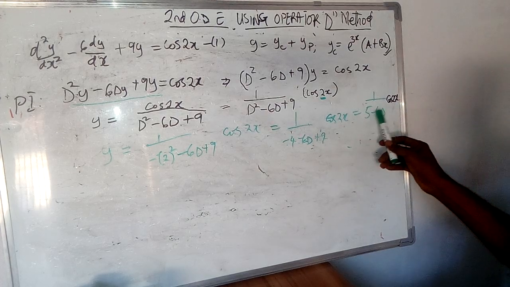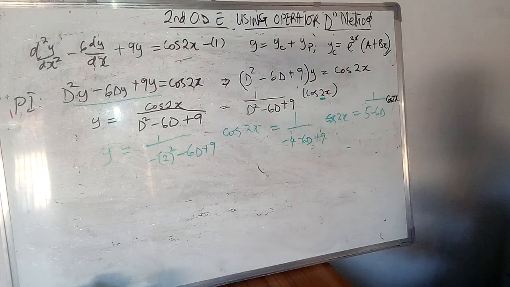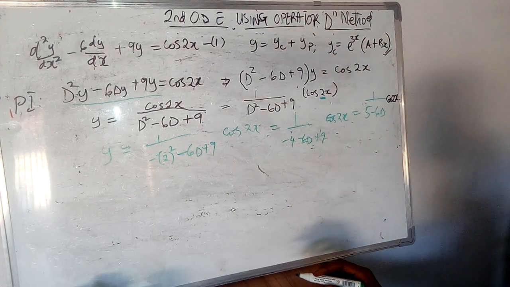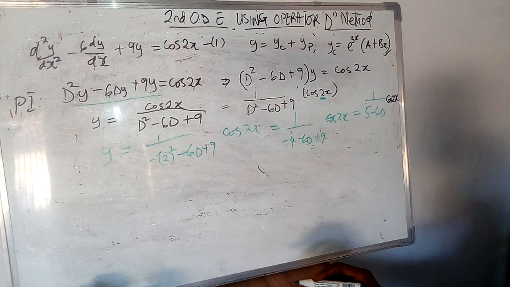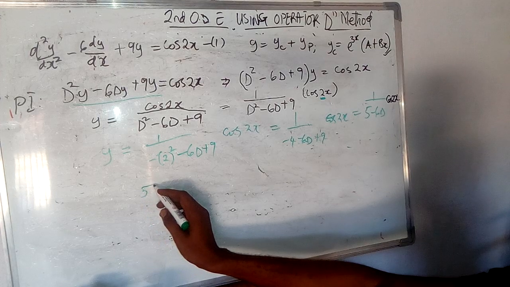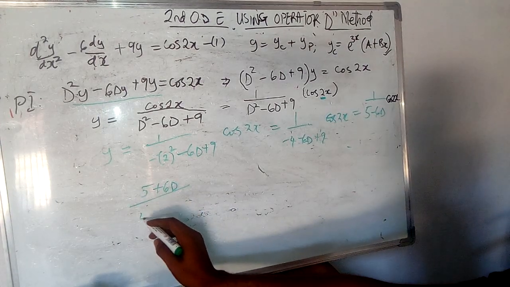So if we take the conjugate of the denominator here and multiply the numerator and denominator, we will do this: 5 plus 6D all over 5 minus 6D.